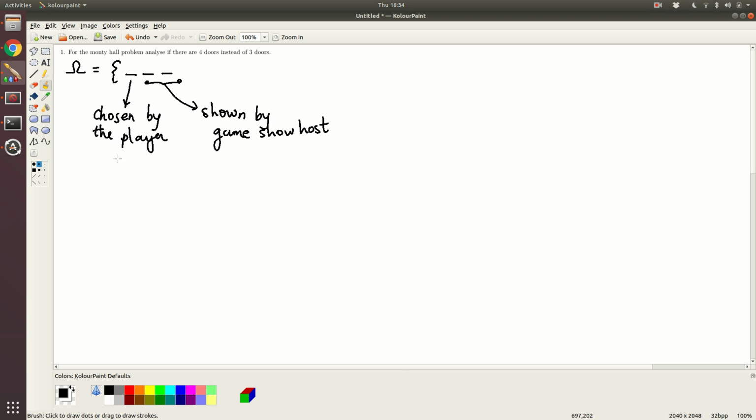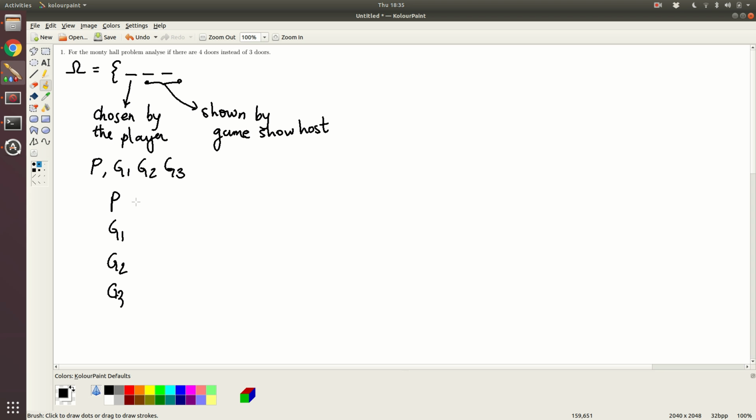Okay, so there are four doors. So there is prize, then there is goat 1, goat 2, goat 3. Now there are various ways in which this can happen. The first position can be P, G1, G2, G3. So these are the ways in which the first position can be filled.